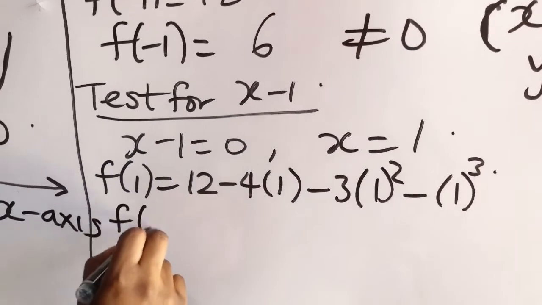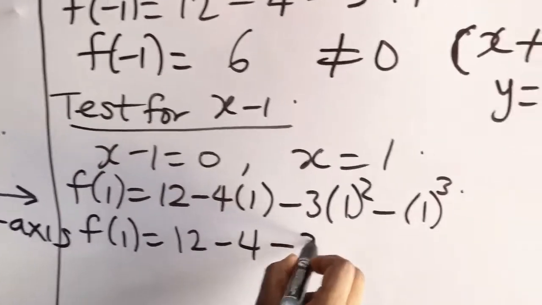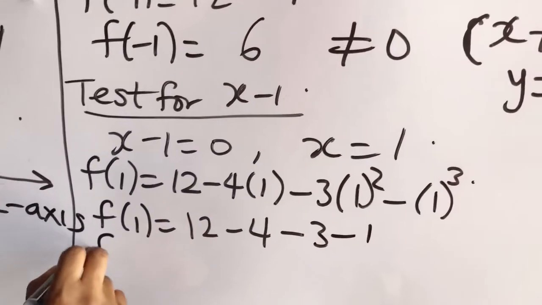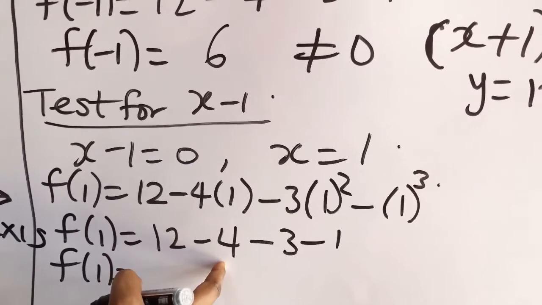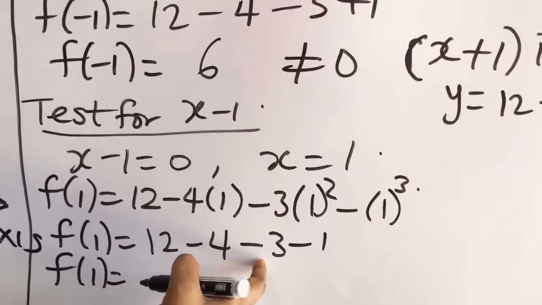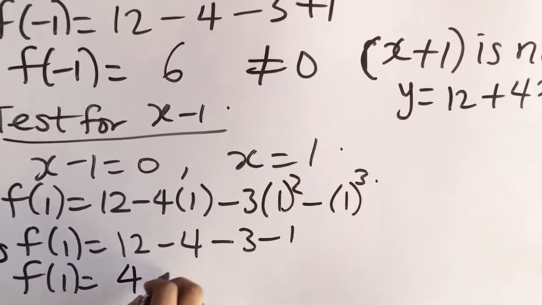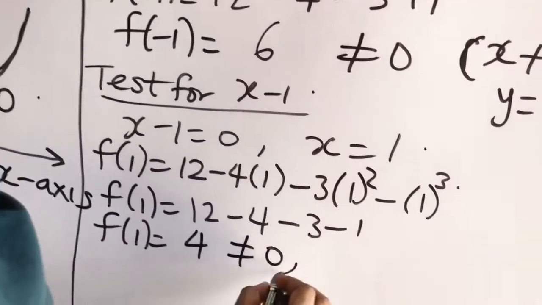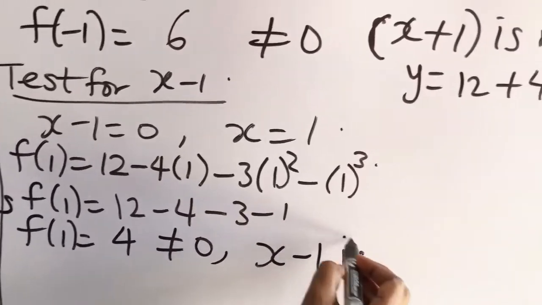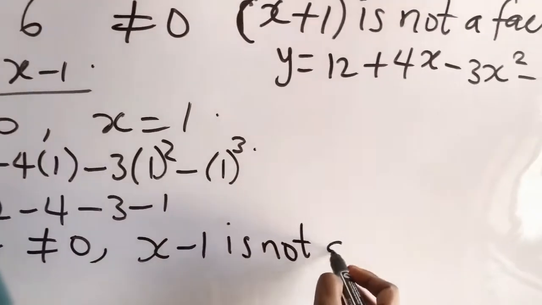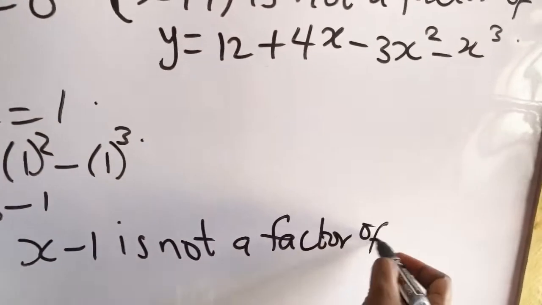So f of 1 will be equal to 12 plus 4 minus 3 minus 1. So f of 1 will be equal to 12 plus 4 is 16, 16 minus 3 is 13, 13 minus 1 is 12, and it is not equal to 0. So x minus 1 is also not a factor of y.